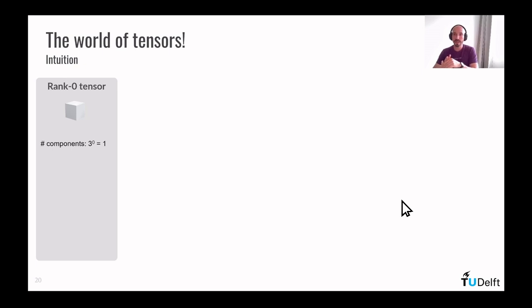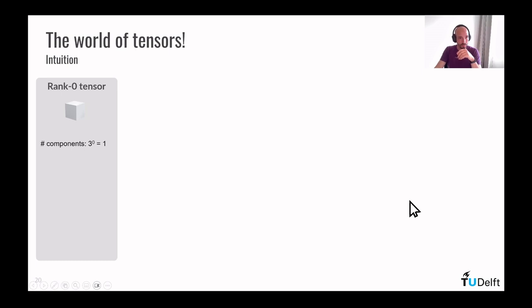It could be any number of dimensions, n dimensions. And if we have a space with n dimensions, then it would be n to the power 0, which would still be equal to 1. But in our case, n equals 3, n being the number of dimensions.